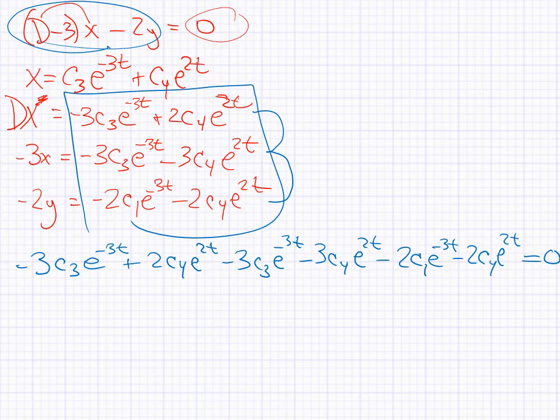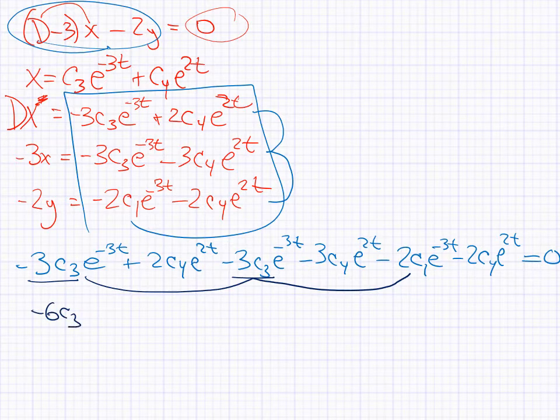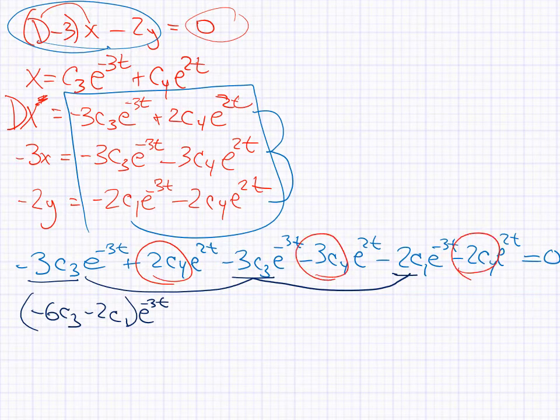Well, obviously I've got to put a lot of this together, so I'll take this, this, and this. They're all negative 3t terms. I'll put them together. So I have negative 3c3 and negative 3c3, so that's going to be negative 6c3, and then I have a minus 2c1 e to the negative 3t. And then the same thing I'll do here, this, this, and this all go together. Actually, sorry, this one, if you remember, should have been c2.